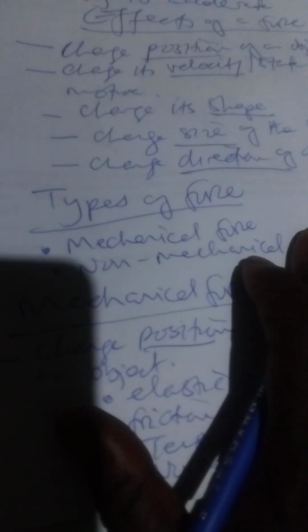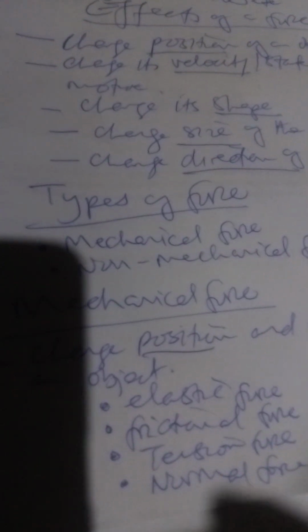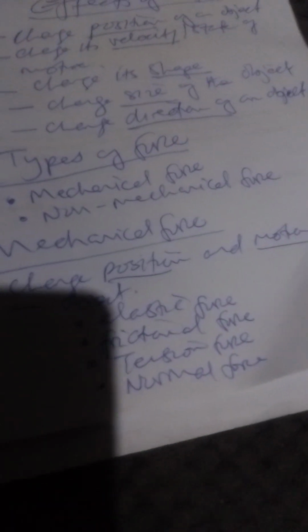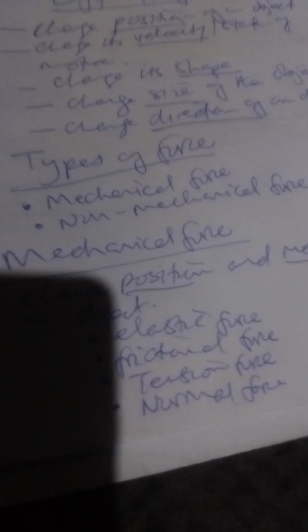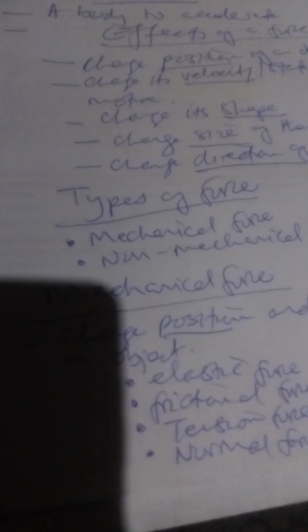If this plane is on a horizontal surface, the force is perpendicular to the surface, it is a normal force. So a normal force is a perpendicular force to a given surface. Are we together, guys? So those are types of forces.